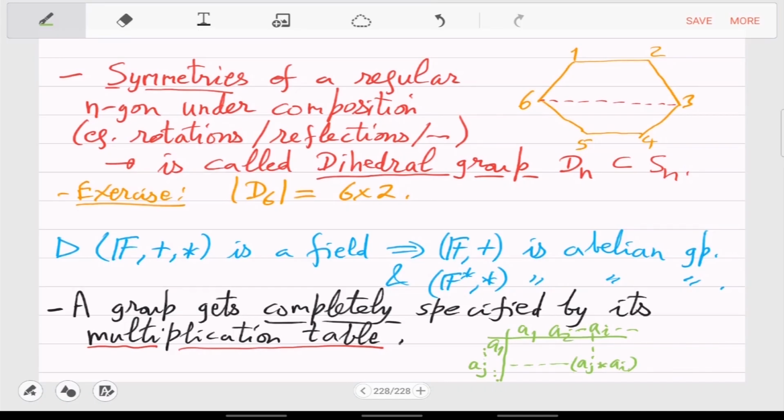So it's just this matrix. It may be a finite matrix or an infinite one. We call it a table. It is finite if the group is finite, otherwise it is infinite. And you just specify what is the result AJ times AI. This completely specifies the group, right?